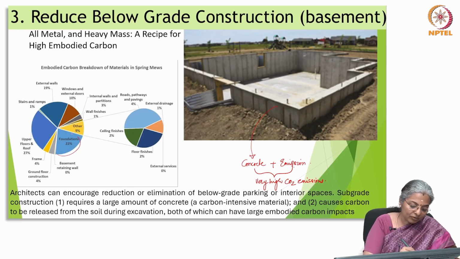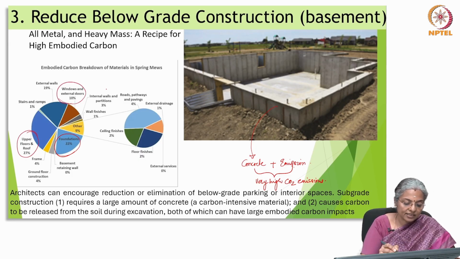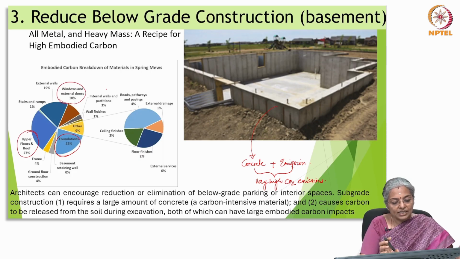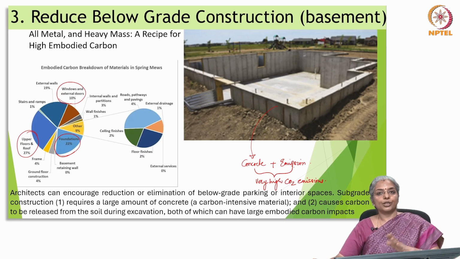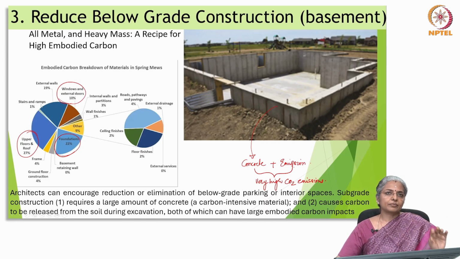For example, foundation, or floors and roofs, window and external door. All of these are made of energy intensive material, and therefore we can try and see how we can reduce CO2 emissions by completely eliminating below grade construction.